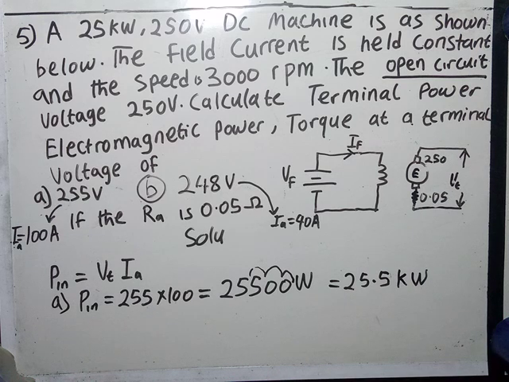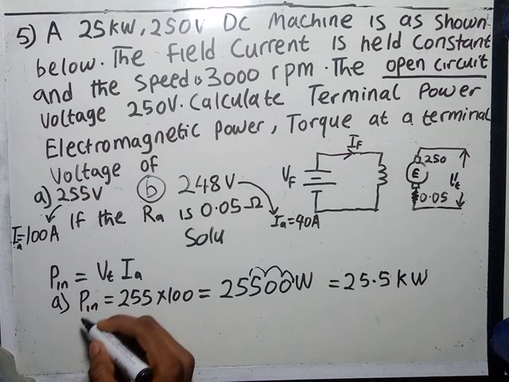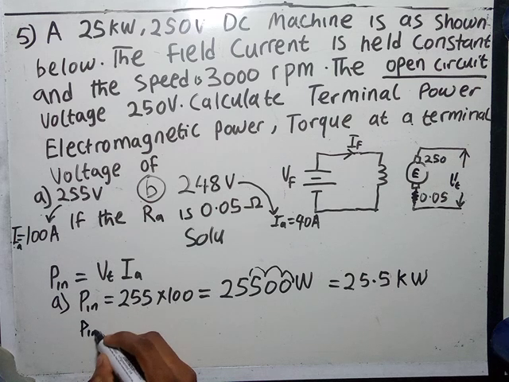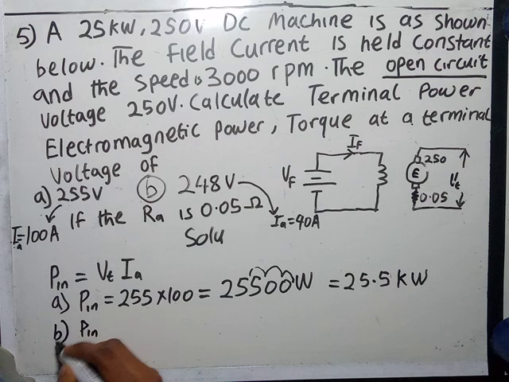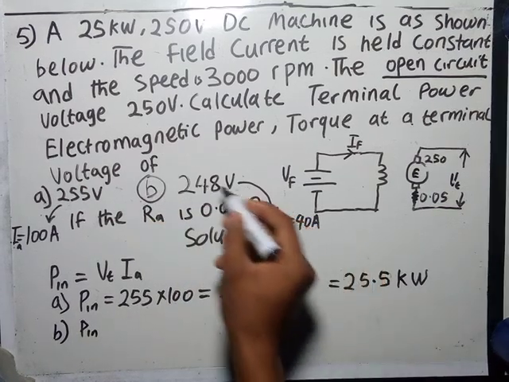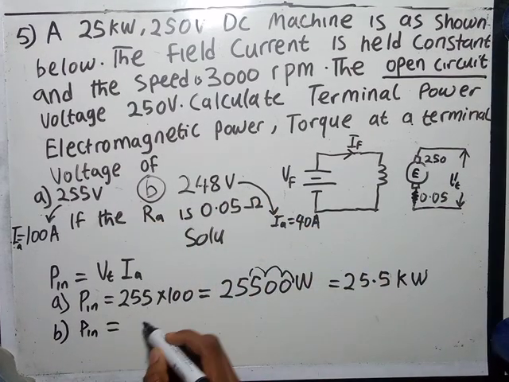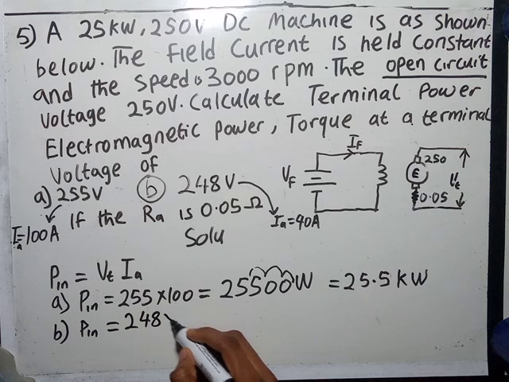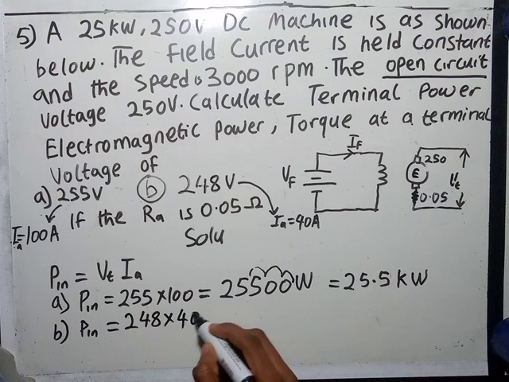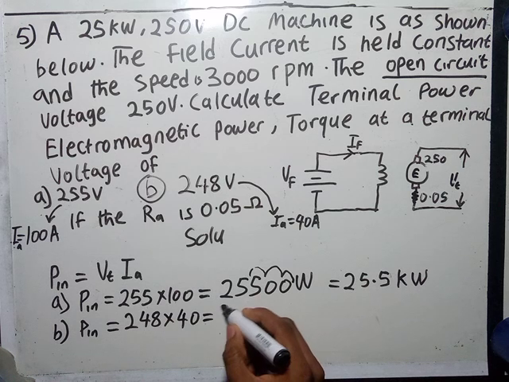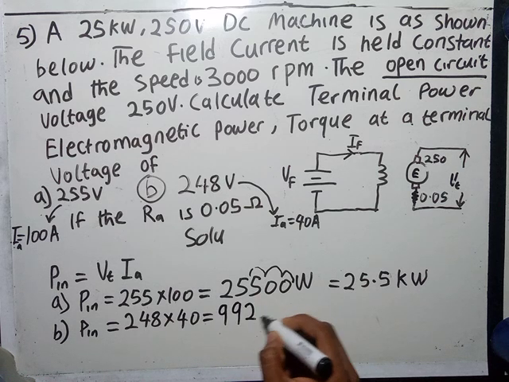Now, for our B part, we have gotten the two values we need already, so we'll just input them there. We are having 248 times 40, and this will give us 9920 watts.